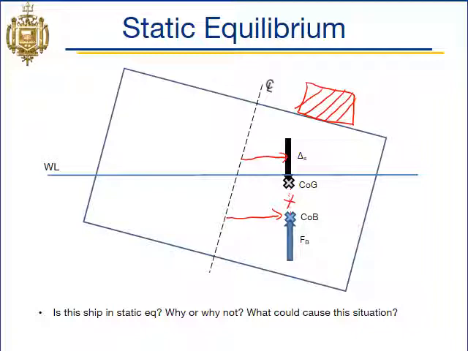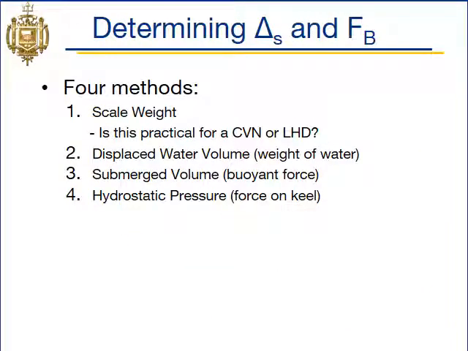So we'll have a lecture coming up on how to calculate how the center of gravity moves, but for Archimedes' principle in this lecture, just know that the center of gravity and center of buoyancy have to be lined up. So if the center of gravity is not on the center line, then neither will the center of buoyancy.